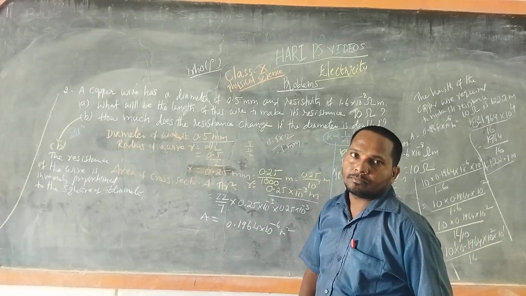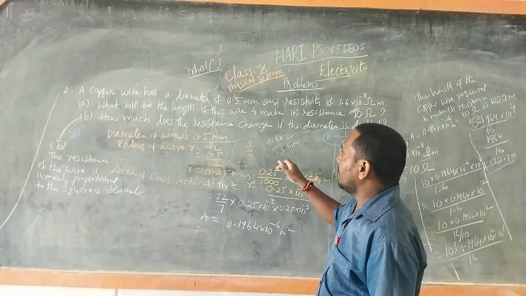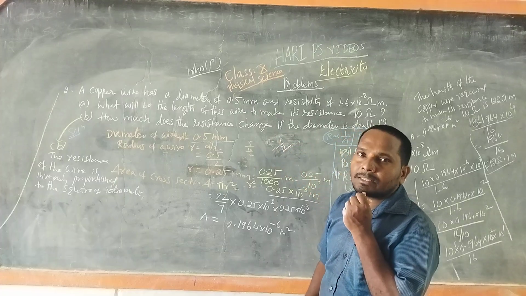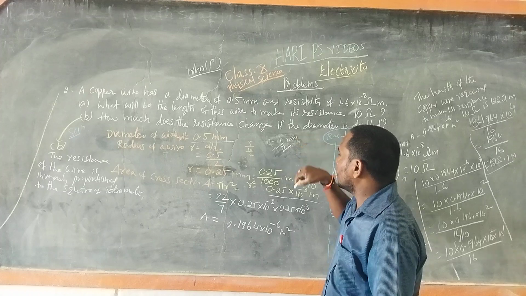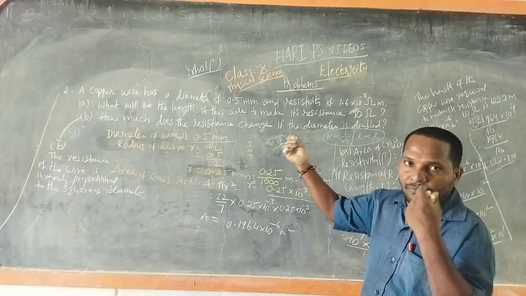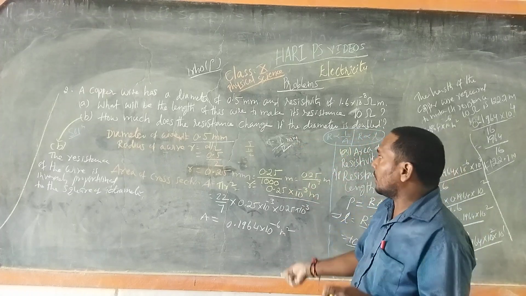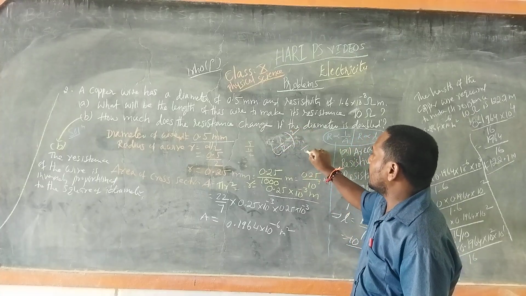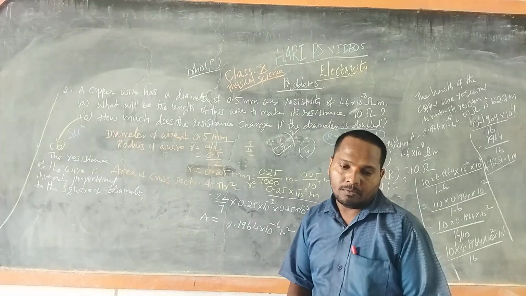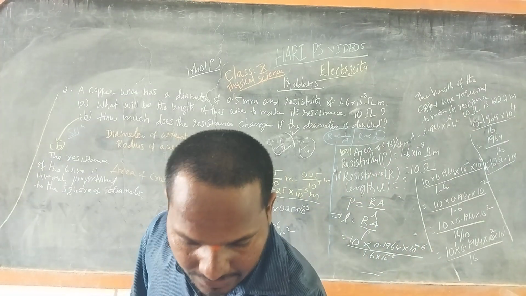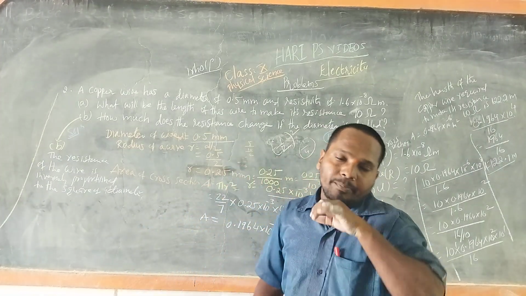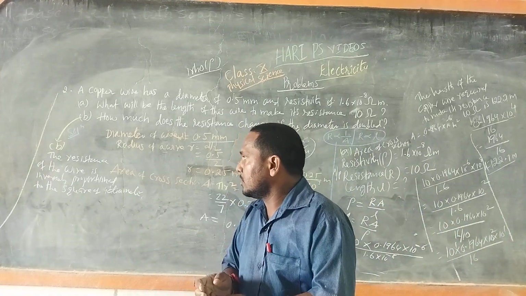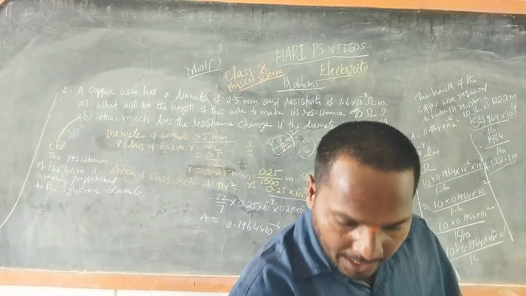So 0.5 we can write as 1/2 millimeter. Then you can write the square, so 1/2 whole square, then we can write 1/4. So the resistance of a wire is inversely proportional to the square of the diameter.